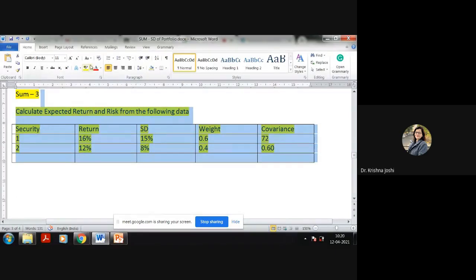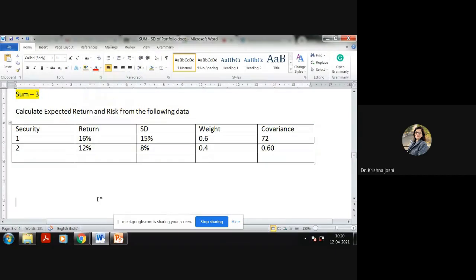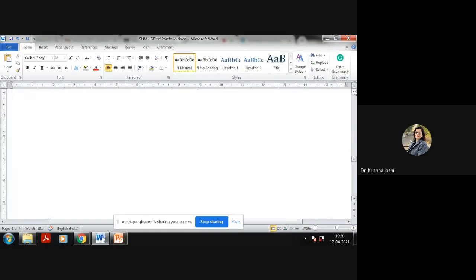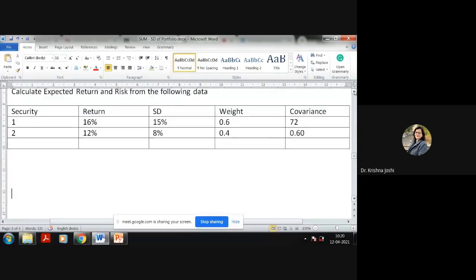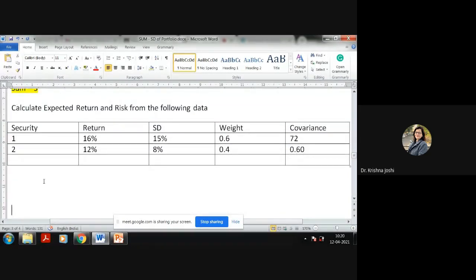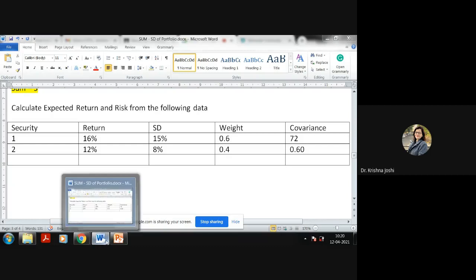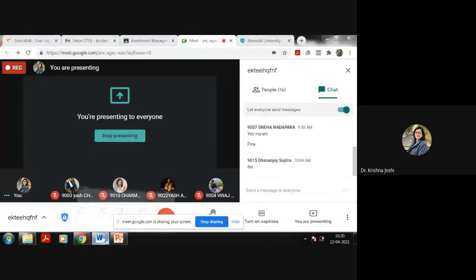Now, can anybody in the class tell me how we will calculate this sum? How we will calculate expected return and the standard deviation of the security? What should I do first?